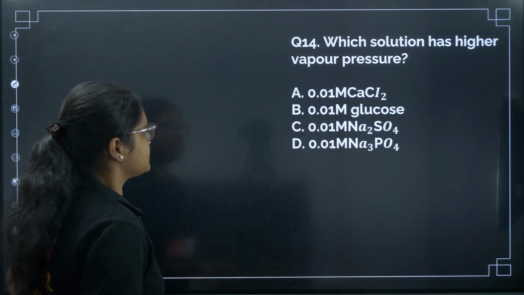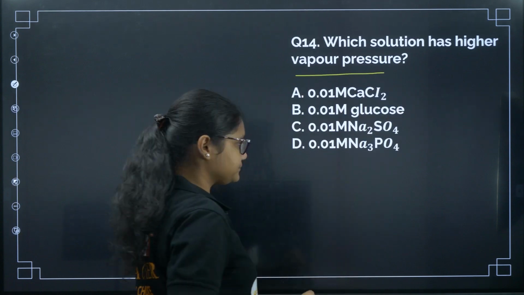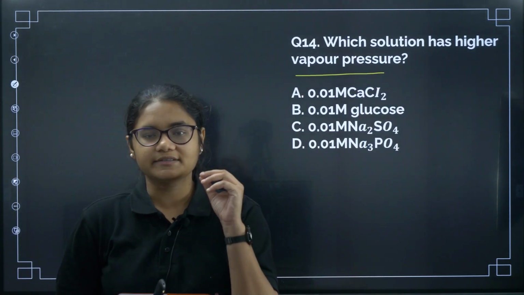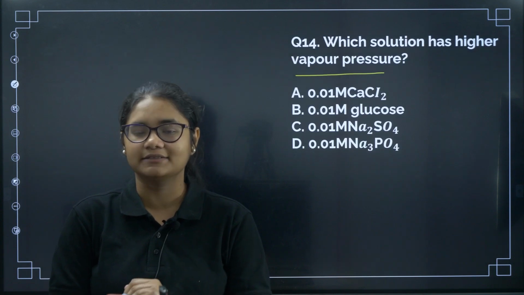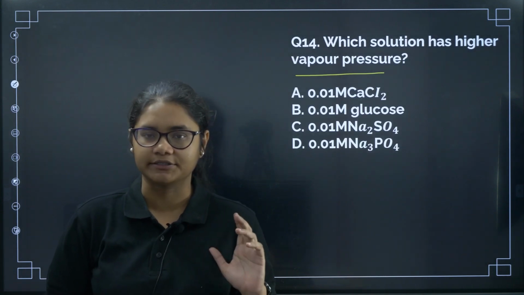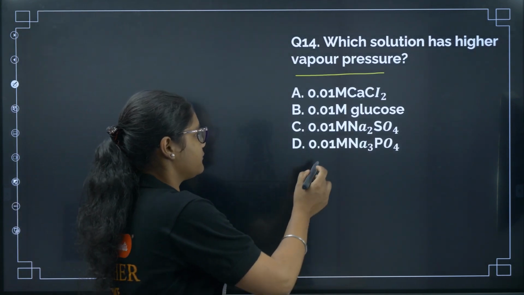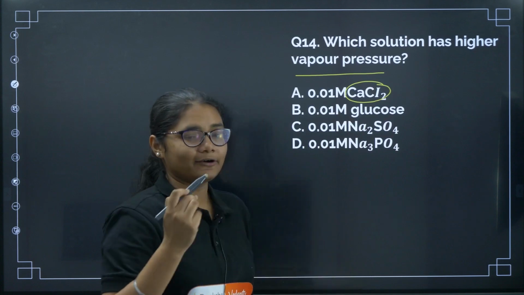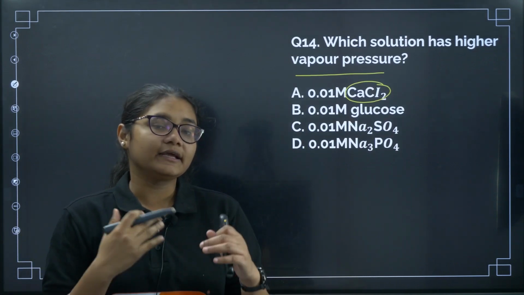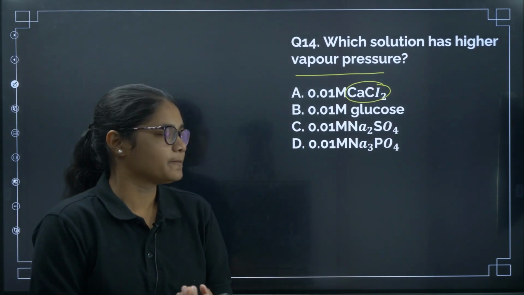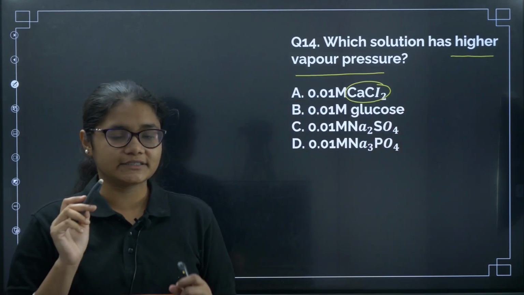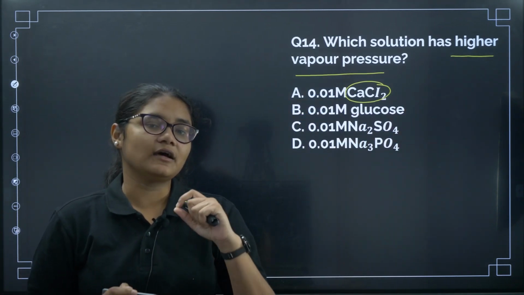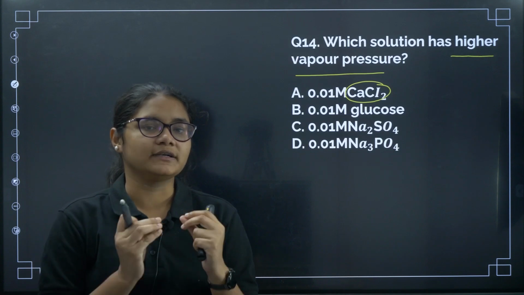Next, which solution has the higher vapor pressure? Okay, so whenever a solute is dissolved in a solvent, the vapor pressure decreases, right? So that is called as a relative lowering of vapor pressure. So if any ionic solute is added or electrolytic solute is added, the decrease in the vapor pressure will be more. But the question is asking for highest vapor pressure, so we have to select such type of solutes which doesn't produce any I value or doesn't dissociate.